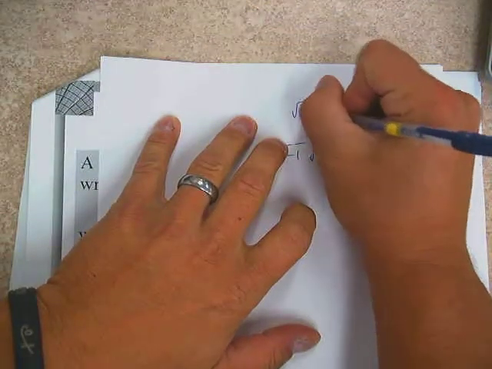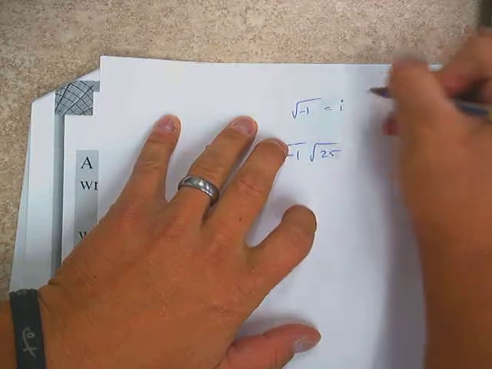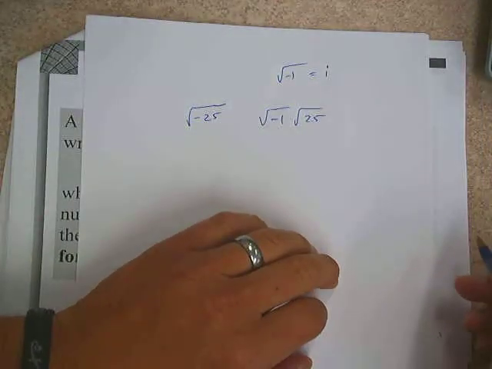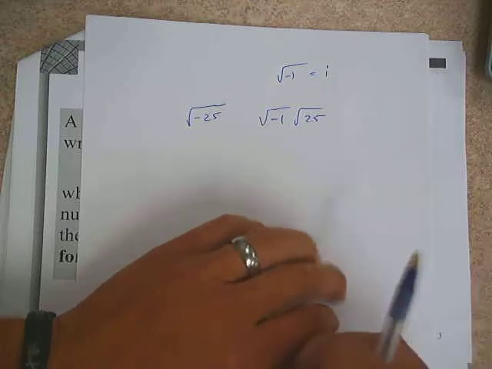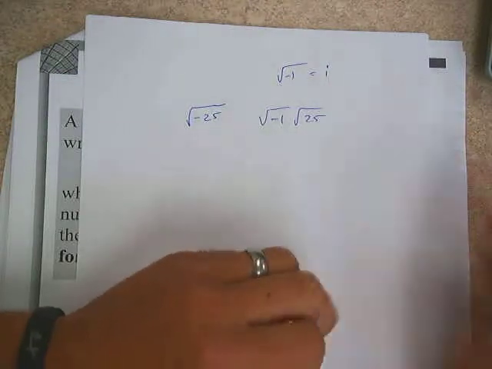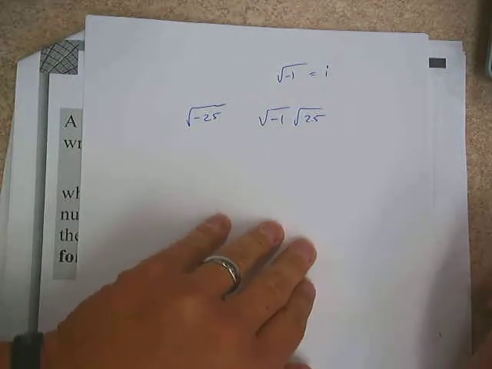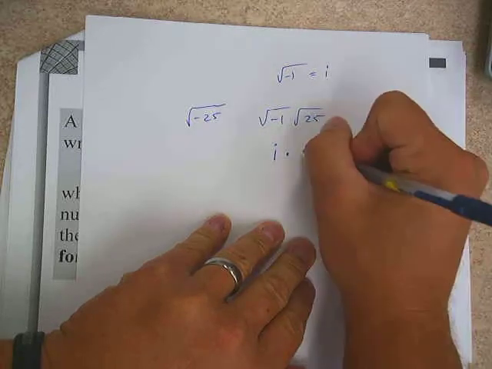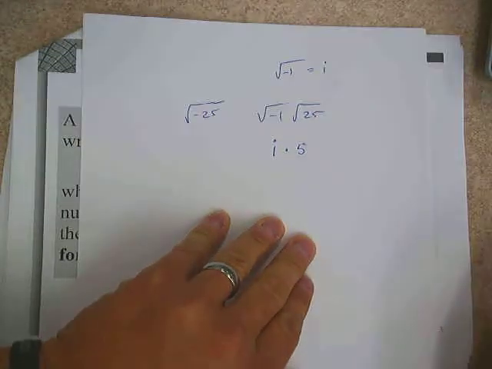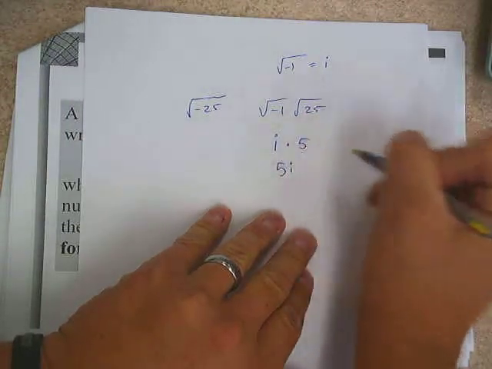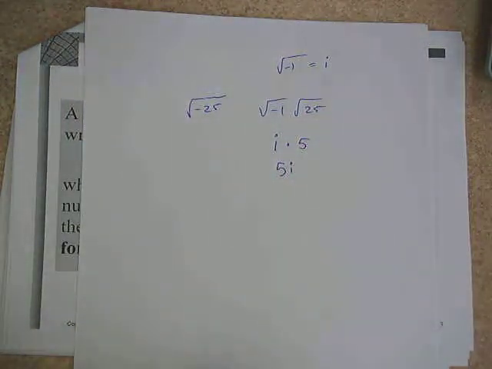And then that square root of negative 1 we define to be the letter i. Ultimately, this number is not a real number, it's an imaginary number. So far all we've dealt with was real numbers in this class, but now we're going to be dealing with possible imaginary numbers as well. And so the final answer here, if I simplify both square roots, I wind up with i times 5, and the proper way to write that would be 5i.